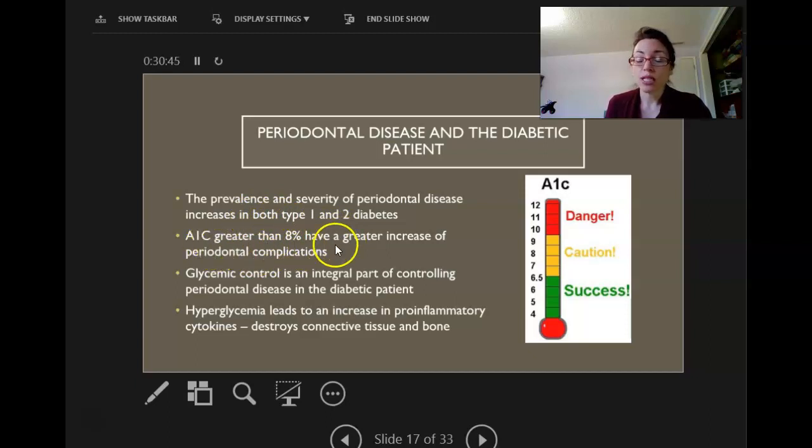A1Cs greater than 8% have a greater incidence of periodontal complications. Glycemic control is an integral part of controlling periodontal disease. And hyperglycemia leads to an increase in pro-inflammatory cytokines, destroys connective tissue and bones. So hyperglycemia is not a healthy state to be in.